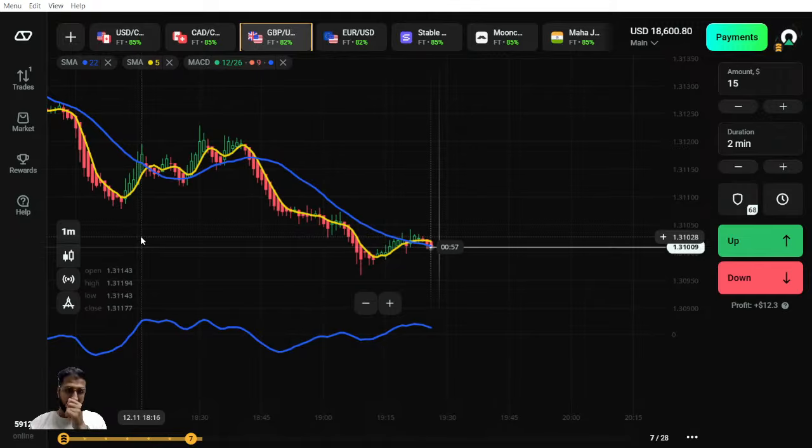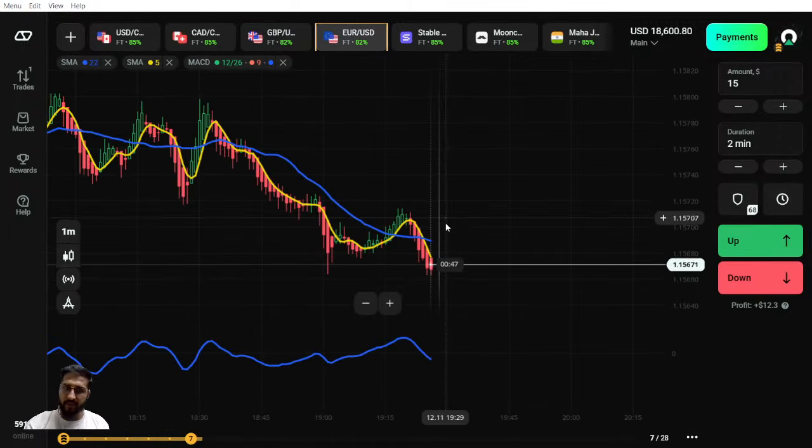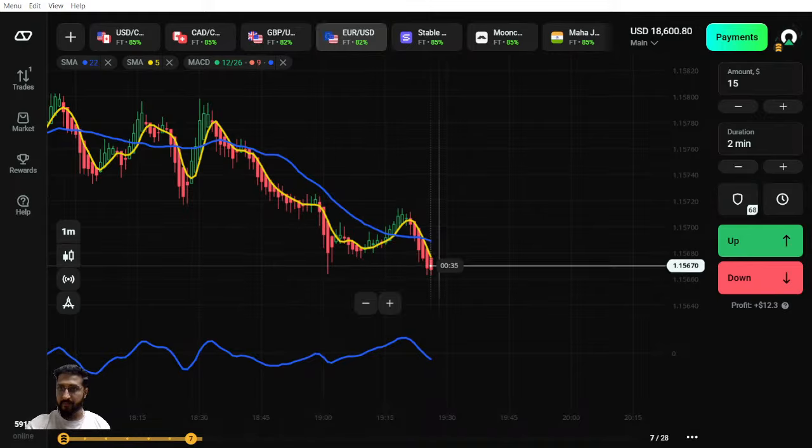Once the market starts making some movements and visible candles are there, then of course you can start taking trades. And as I have already mentioned, 5-second trading can be quite risky because of the very short duration, so make sure you consider that as well.